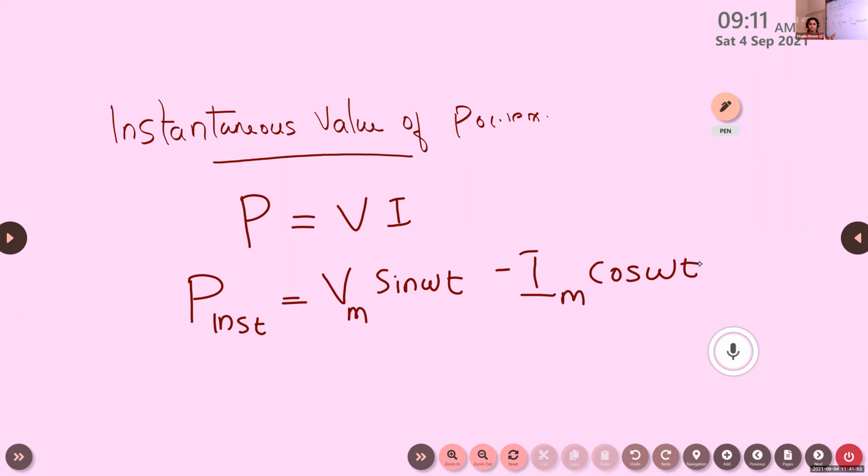We just write it in terms of the cos function itself. So the instantaneous value of power is equal to Vm sine omega t into minus Im cos omega t. Or we can write the instantaneous value of power is equal to minus Vm Im sine omega t cos omega t.